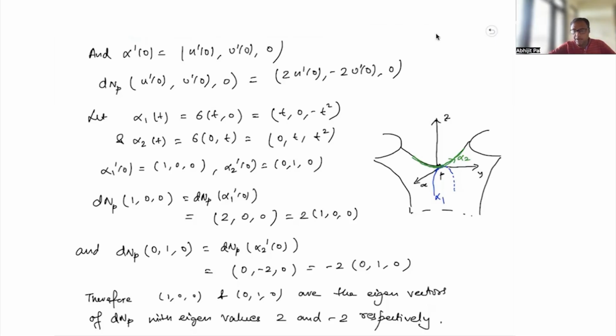And if I take the normal curvature of this curve alpha 2 at the point P, this will give the maximum normal curvature.